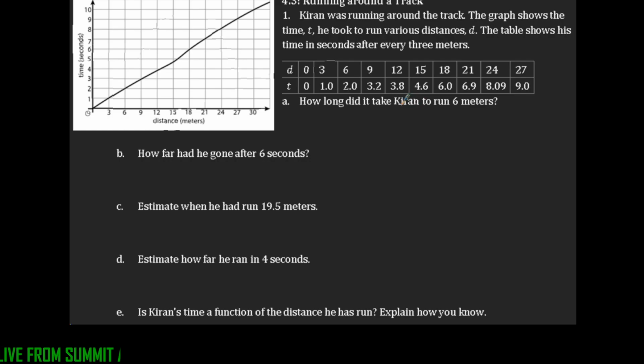For part A, it says how long did it take Kieran to run 6 meters? Well, let's find out. So let's do red this time. So 6 meters, so our distance is 6. So when d equals 6, our time t is going to be 2 seconds.